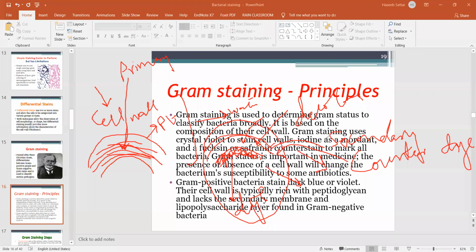That is why gram positive bacteria are those which retain the gram stain, while gram negative bacteria do not retain the primary dye or gram dye. So that is why they are known as gram negative.